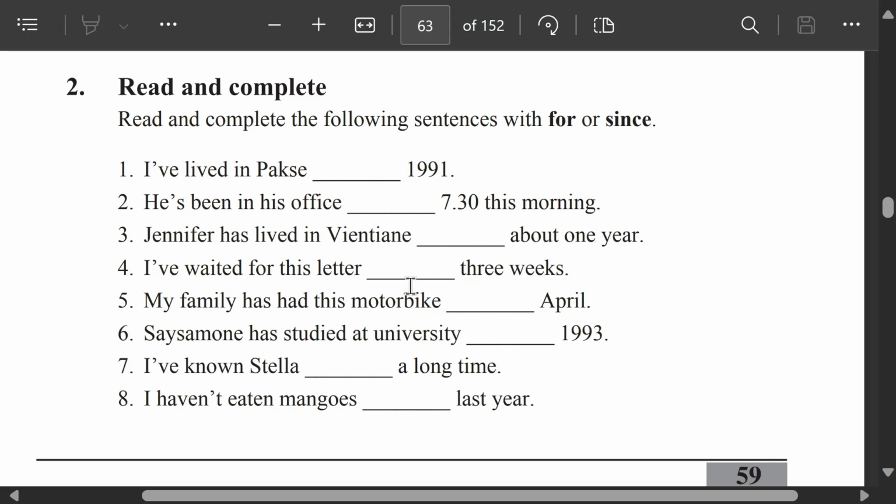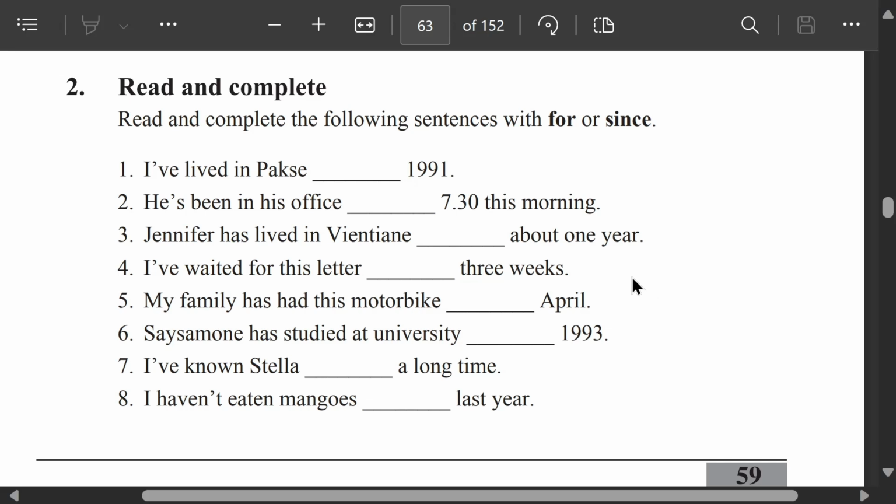Jennifer has lived in Vientiane since about 1 year or for about 1 year?